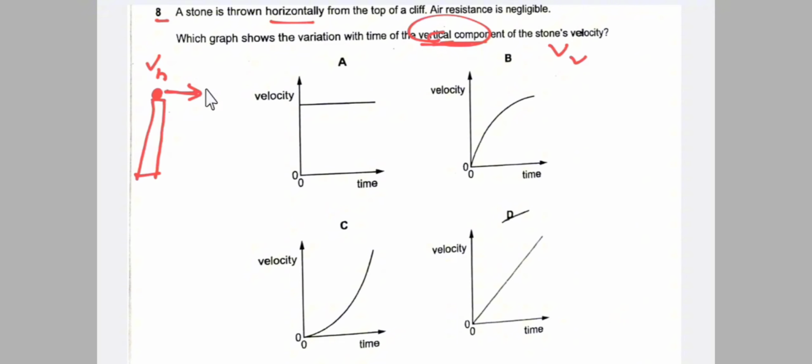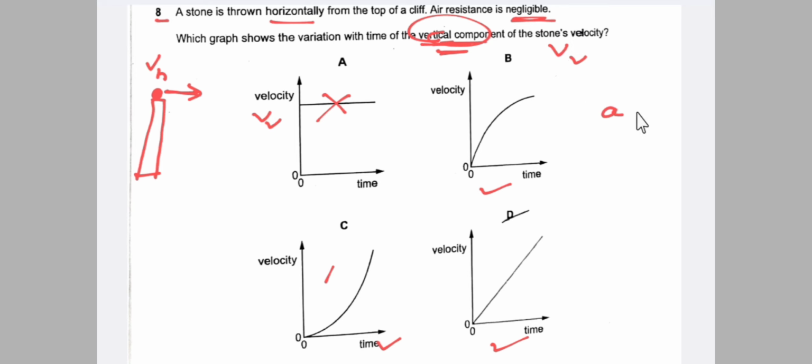So initially it has a horizontal component of velocity and the vertical component of velocity is 0. These graphs are all for the vertical component of velocity. So initially the vertical component of velocity is 0. So this one is not 0, while these three all are 0. Then we are given that air resistance is negligible. Since air resistance is negligible, the acceleration is constant, that is 9.81.